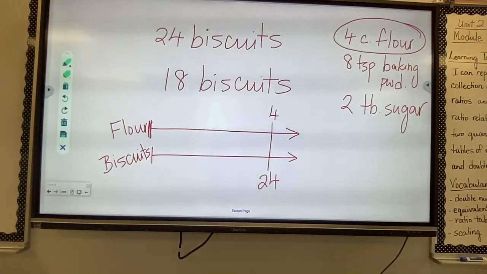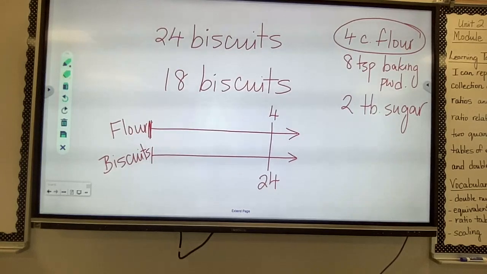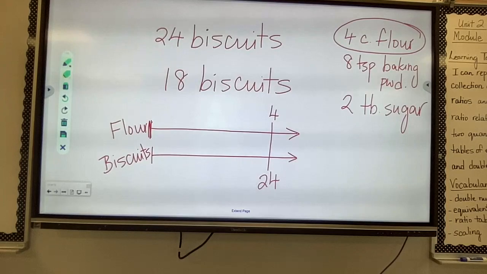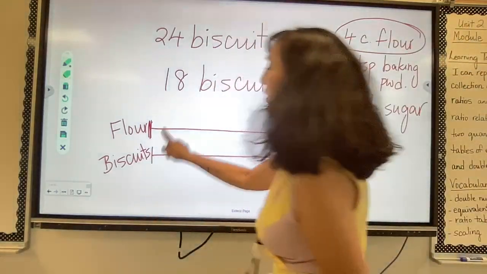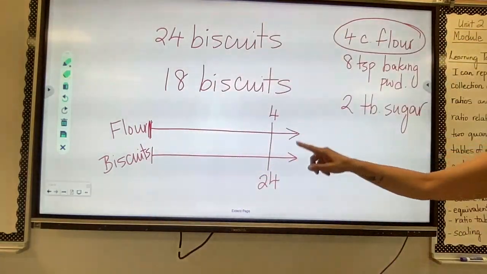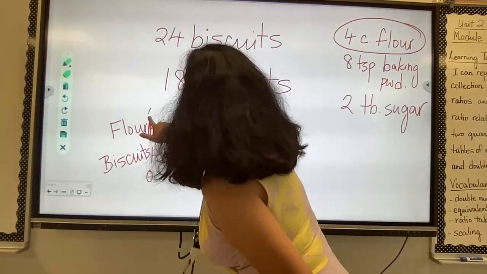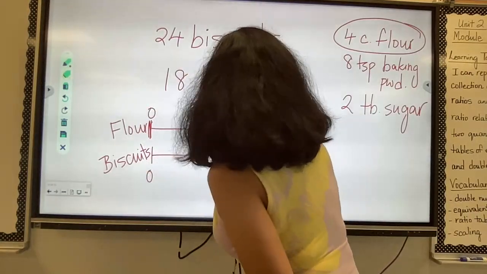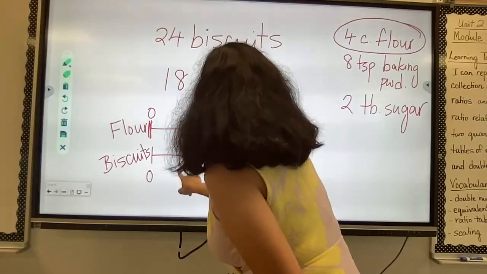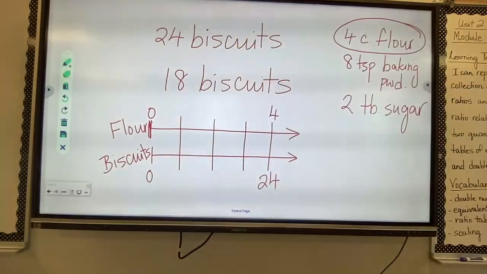To find the equivalent ratio, we are going to scale back, and you can divide both 4 and 24 by 4, right? You're finding an equivalent ratio. And so this results in the equivalent ratio of 1 to 6. We have 0 here, and this is exactly what I do.